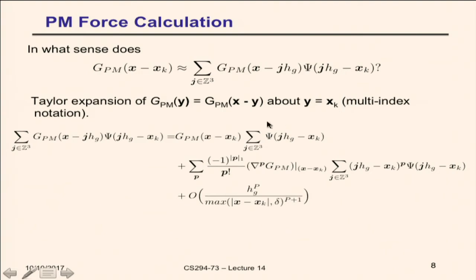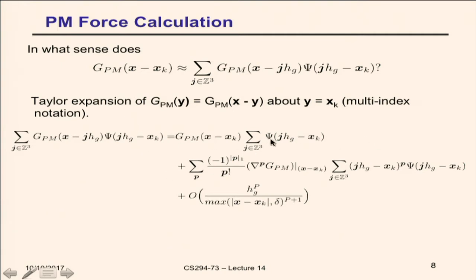And when we do that, we get G_PM of x minus j h_g, psi of j h_g minus x_k. So I'm taking a Taylor expansion of g, and that's g of x minus x_k times the sum over j of this quantity plus the other terms.